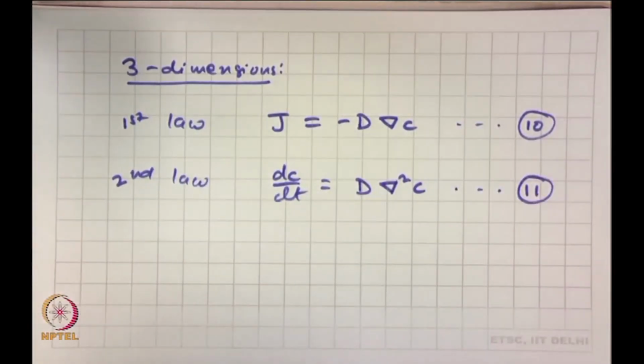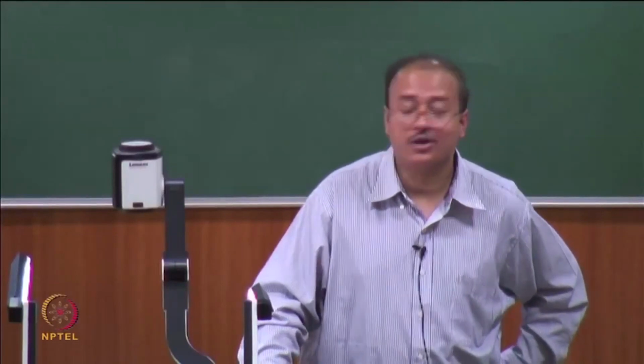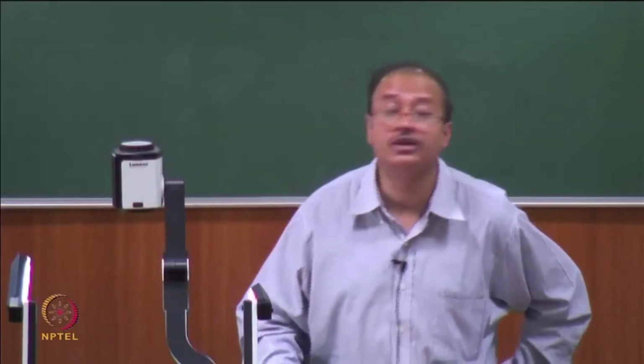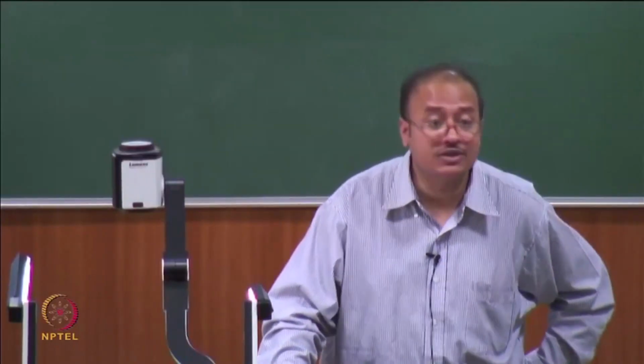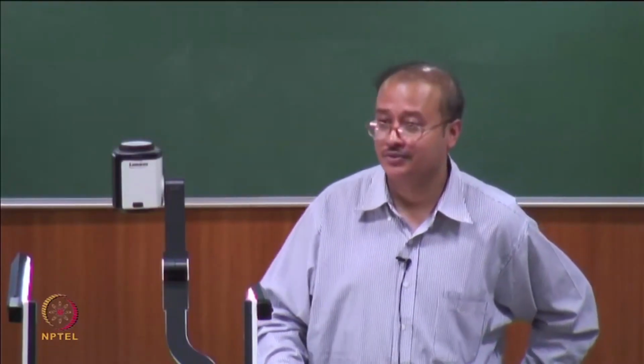Do you know what this del operator is called? What is del? It is essentially something known as the gradient. Look this up, look up gradient of vectors and all these things, you will have a much better feeling. Gradient, divergence, curl, because all these are vectorial notations, right?